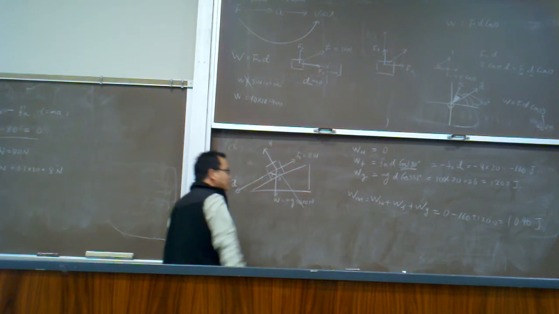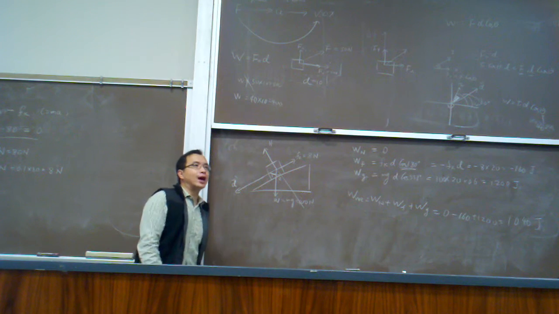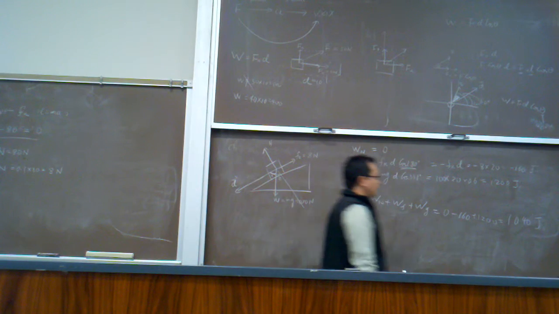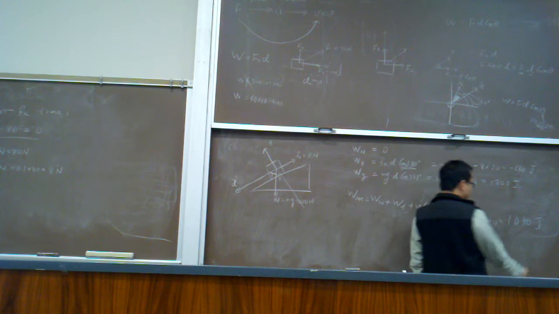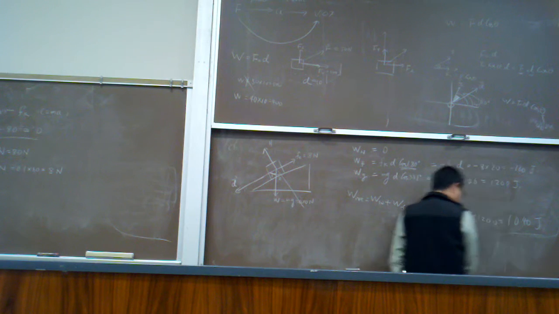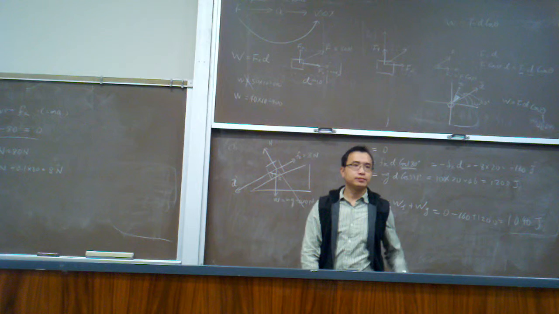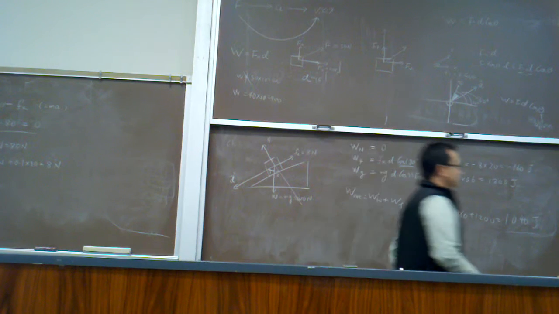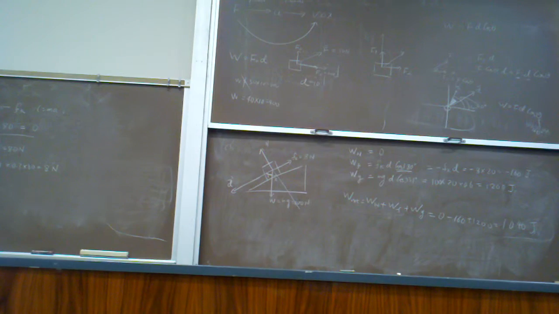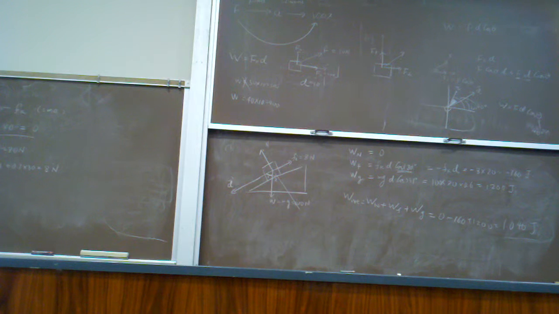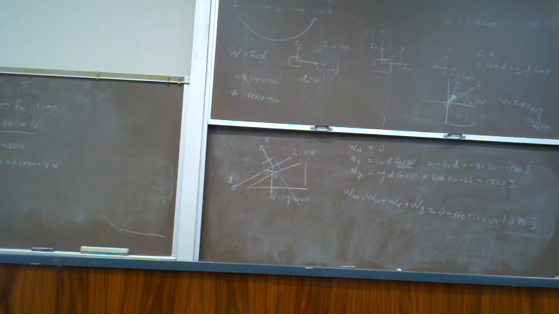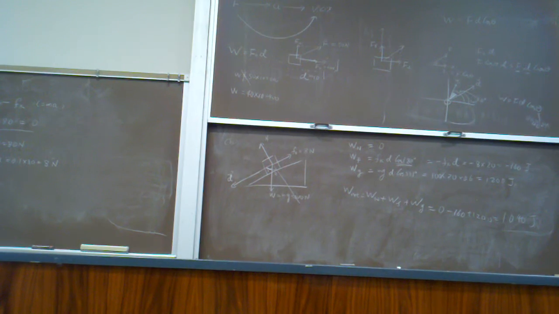As a good exercise, you can try to use method 1 to calculate this problem. It will help you to understand the concept, and you should get the same answer, of course.